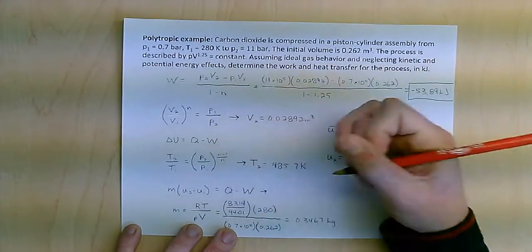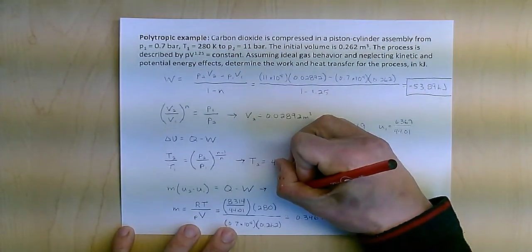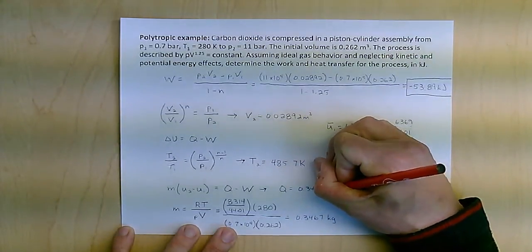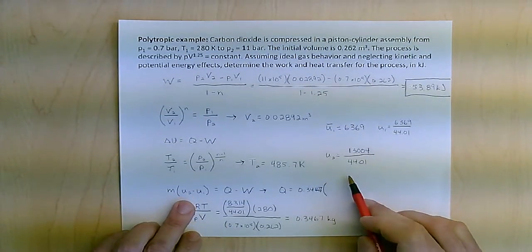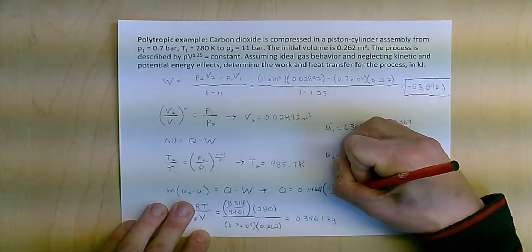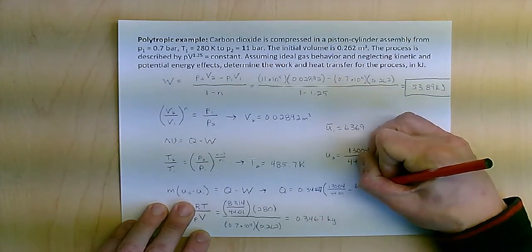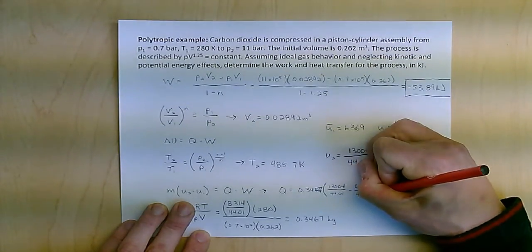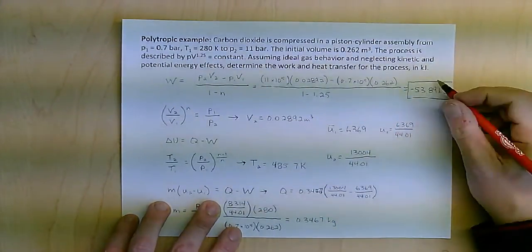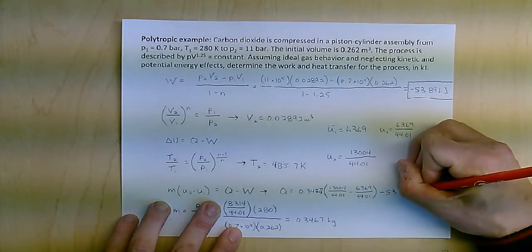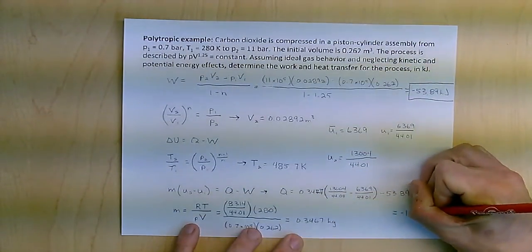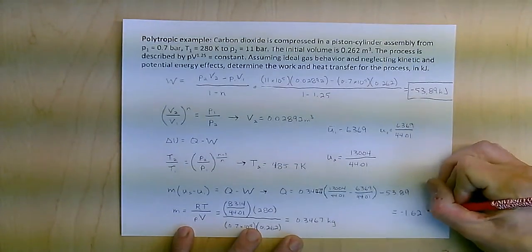Which means from this equation I can say Q equals 0.34667 times (u2 minus u1), which is 13,004 divided by 44.01 minus 6369 divided by 44.01, plus a negative 53.89, which gives me a Q equal to negative 1.62 kilojoules.